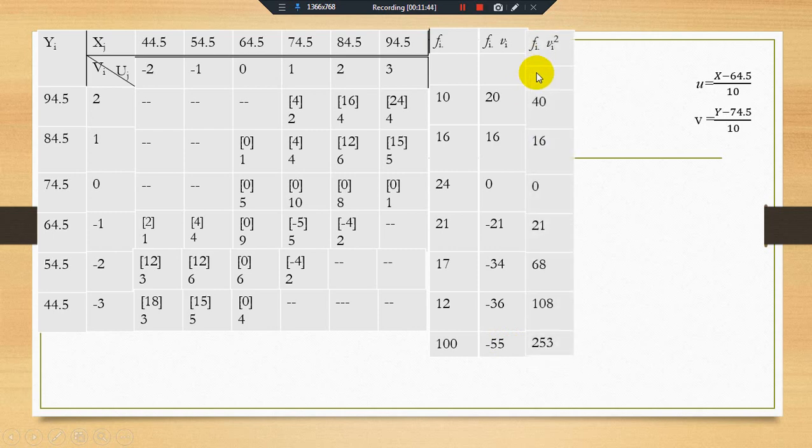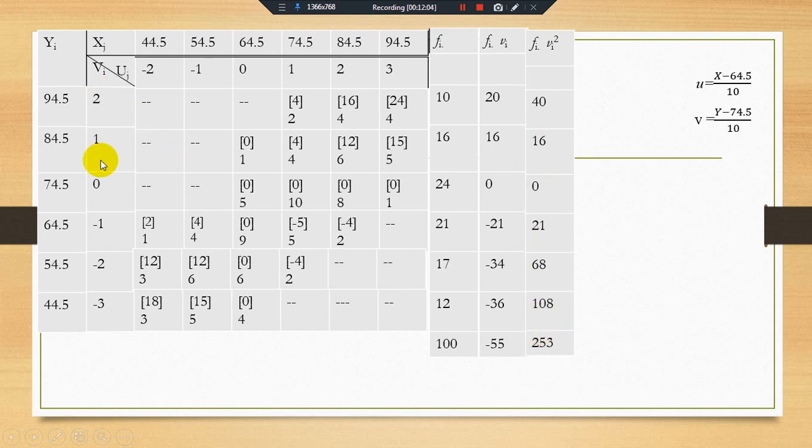Now we have FiVi square. So take the square of this series and then multiply by this series. So we get 40, 60, 16, 0, 21, 60, 1, 0, 8 and 2, 5, 3.